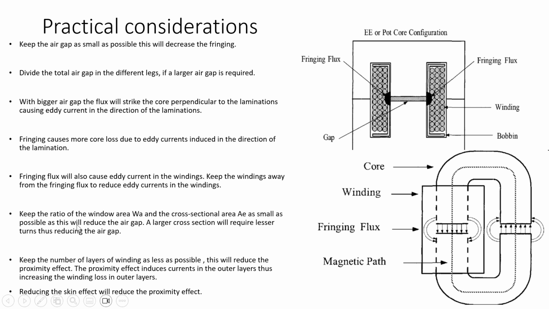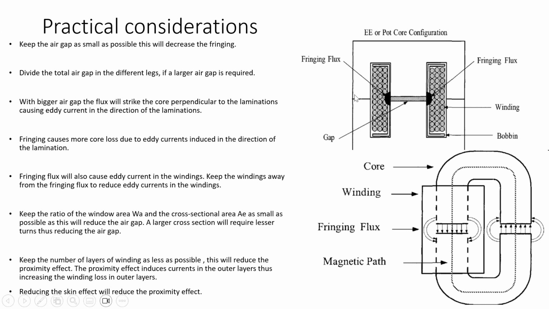Now, keep the ratio of the winding area and the cross-sectional area as small as possible. This means that the ratio of this area and this cross-sectional area must be small, because if it is small, then we will require fewer windings, and fewer windings will then require a smaller air gap.